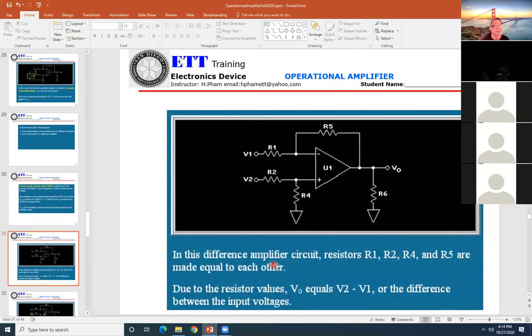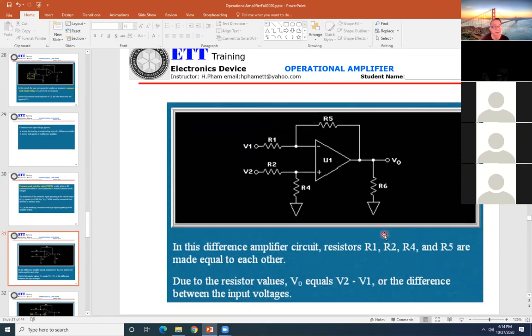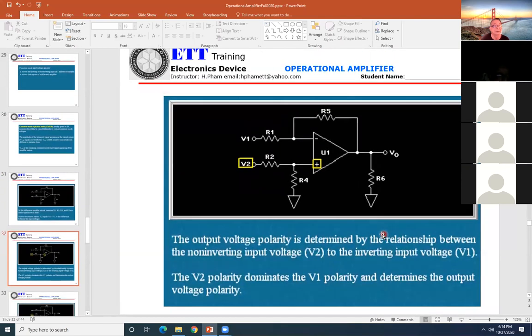In this differential amplifier circuit, resistors R1, R2, R4, R5 are made equal to each other. Due to the resistor values, Vout equals V2 minus V1, the difference between input voltages. That's what they are already talking about.